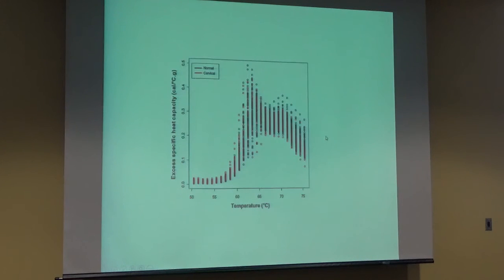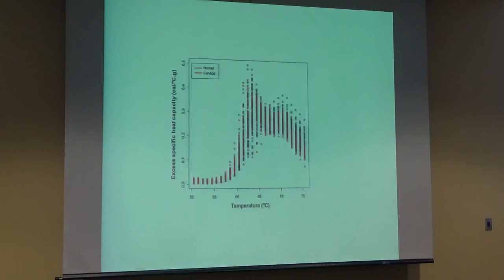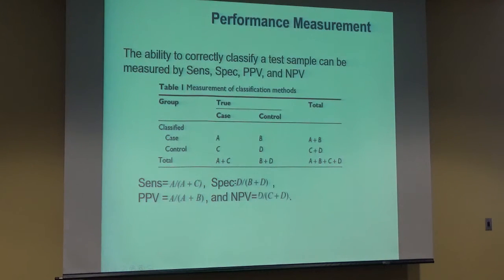Now, that's a data set. For this data set, I want to develop a method to classify it. To develop a classification, you always need these things: sensitivity, specificity, positive predictive value, negative predictive value, overall accuracy, and a few other things too.